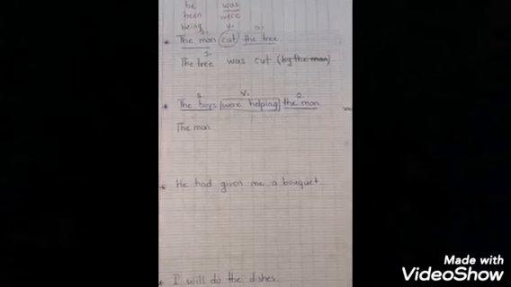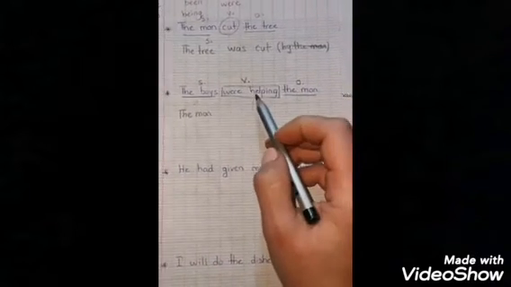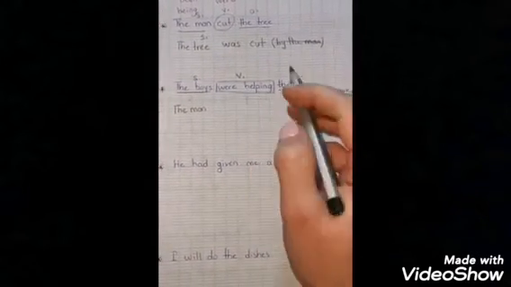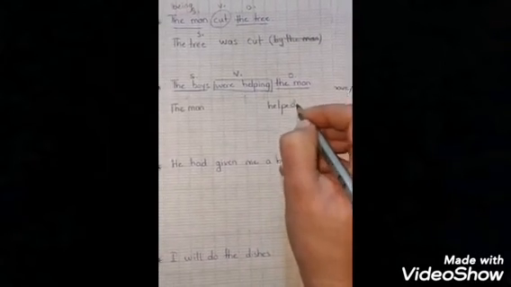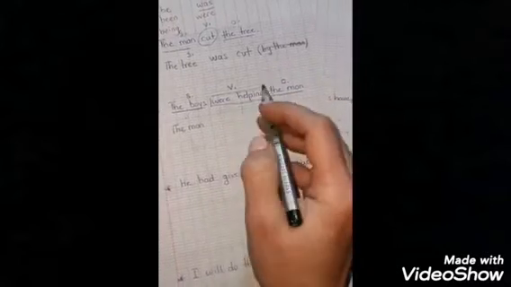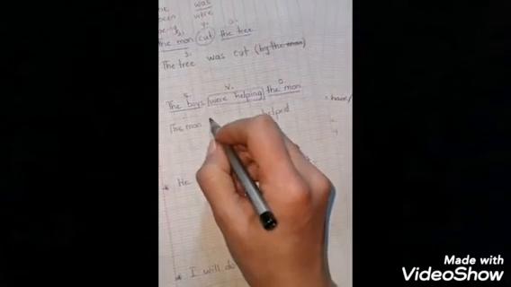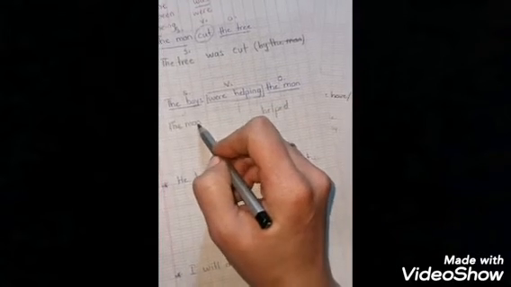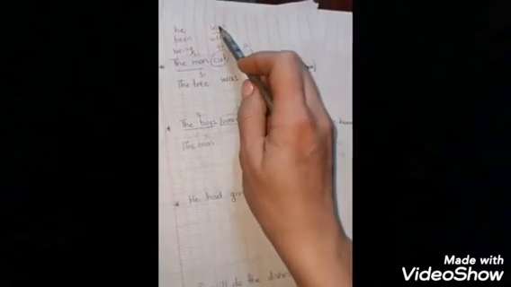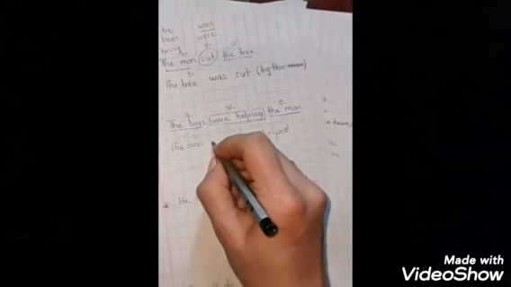The tense here is past continuous, so I have to maintain the tense. The past participle form of the verb helping is helped. And to maintain the tense, I simply add was or were plus being. Since the man is singular, I simply use was plus being to maintain the tense.